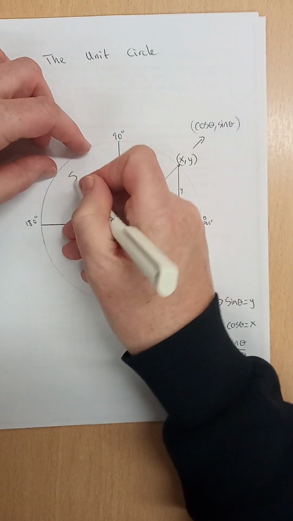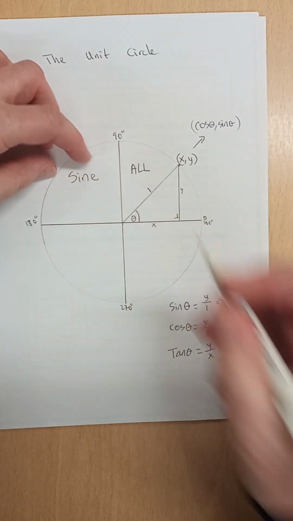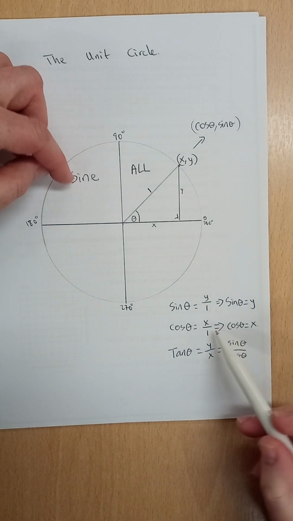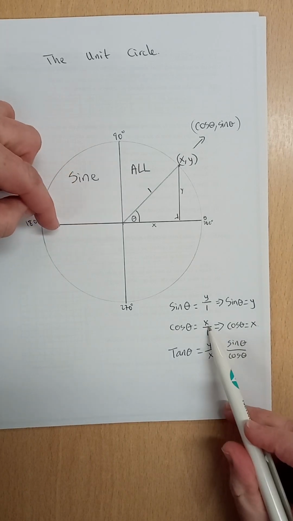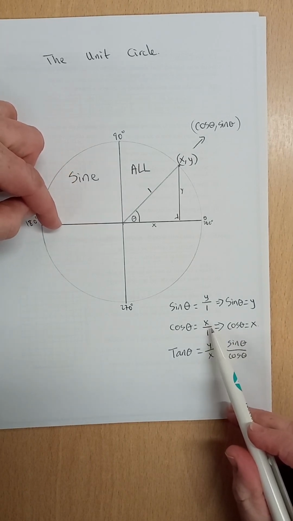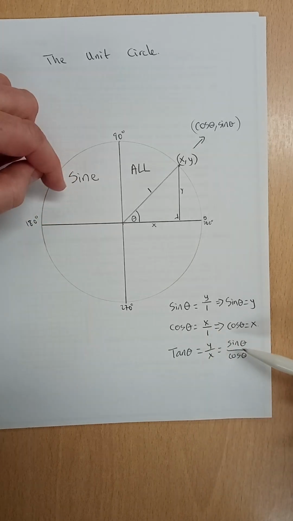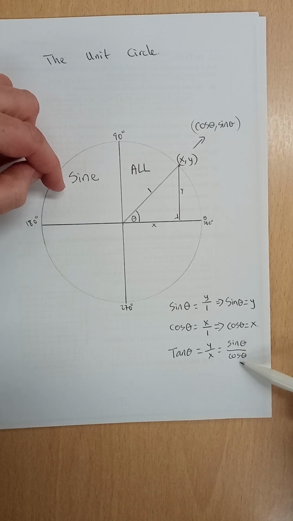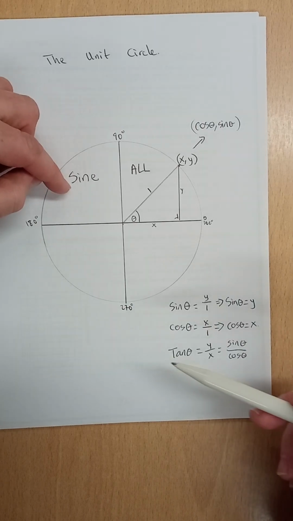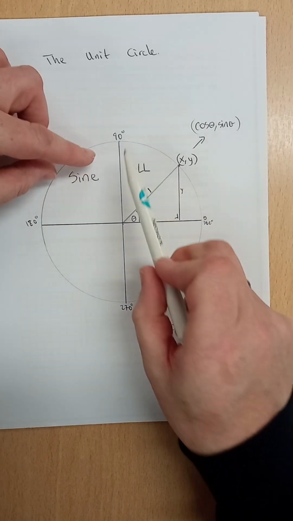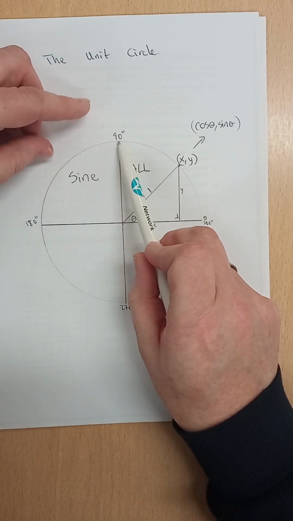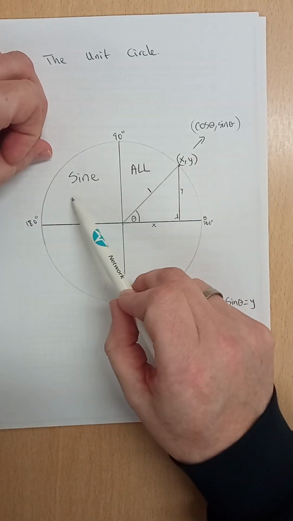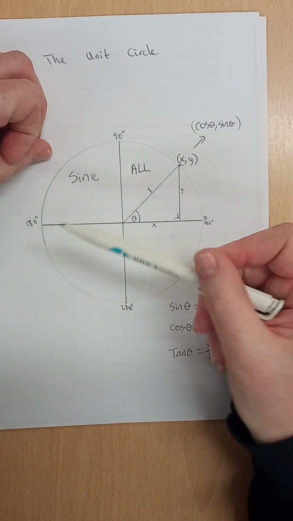However, the x's, the cosines, are negative. And because sine over cosine gives you tan, and one of them will be negative, that means the tan is also negative. So only the sine value of any angle between 90 and 180 will be positive. The tan and the cosine will be negative.